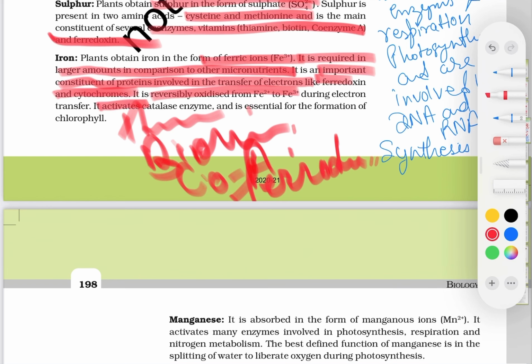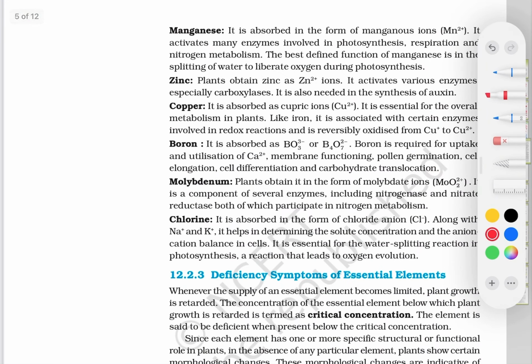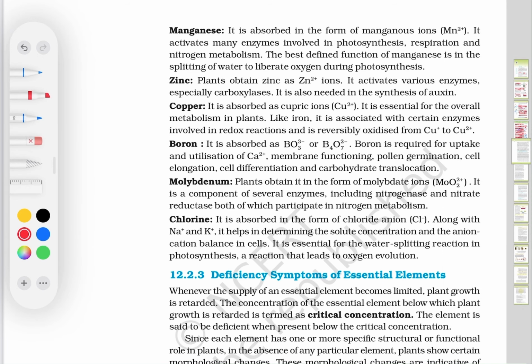Now coming to manganese. It is absorbed in the form of manganese ions, Mn2+.